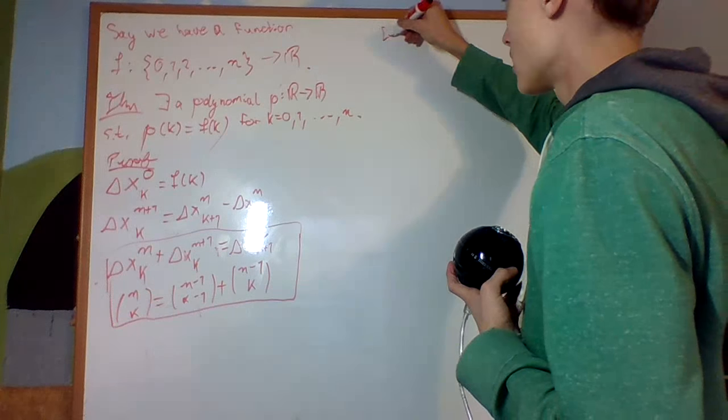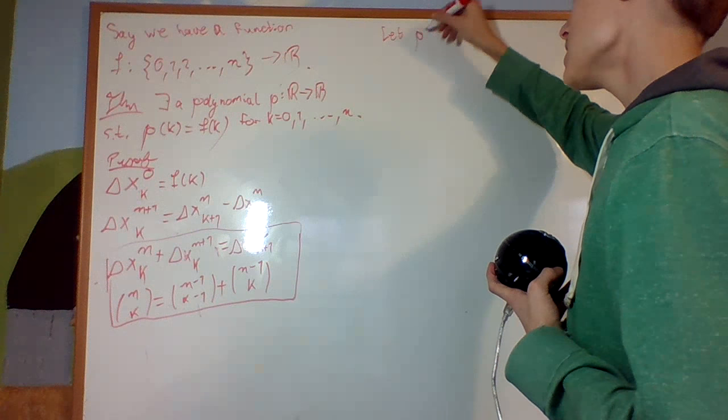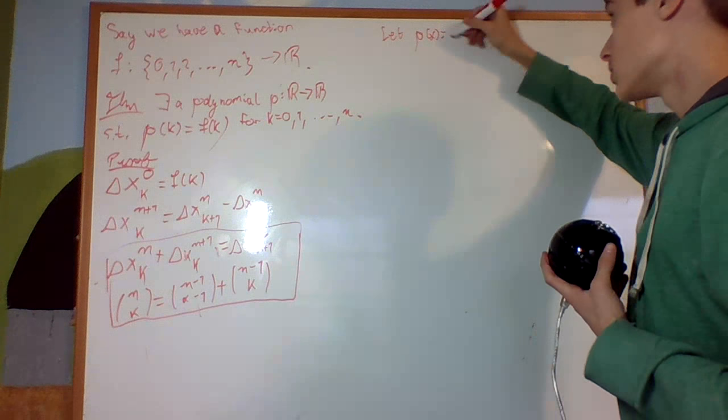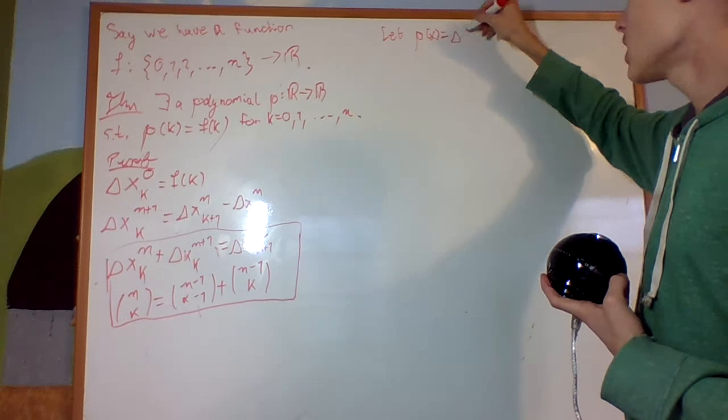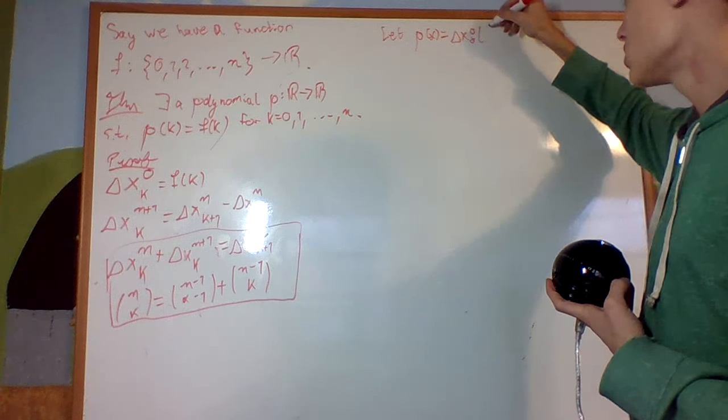Let p of x equal, I'm going to say delta x 0,0 times n choose 0 times, I'll say p of n.